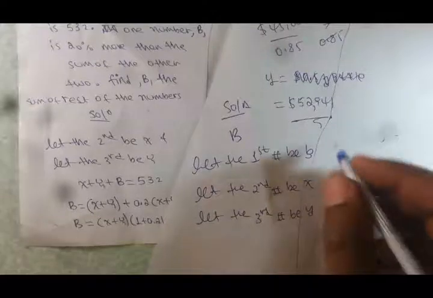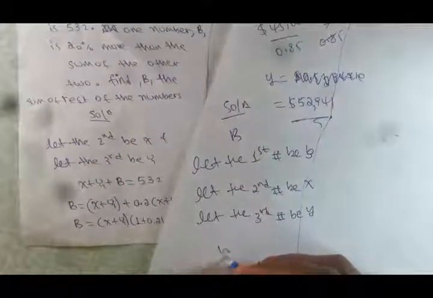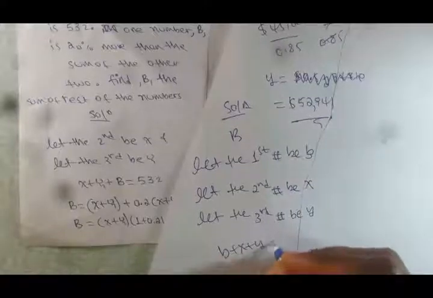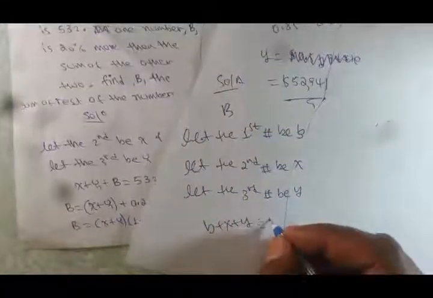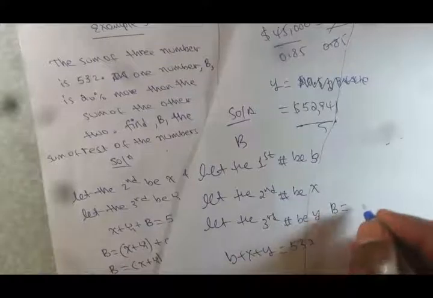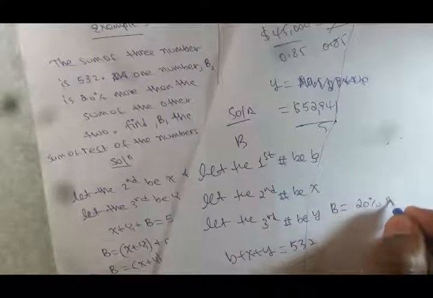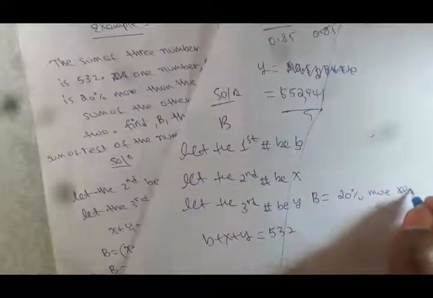The sum of the numbers, b plus x plus y, is already given as 532. And it was given that one number b is 20% more than the sum of the others. The sum of the others is x plus y.